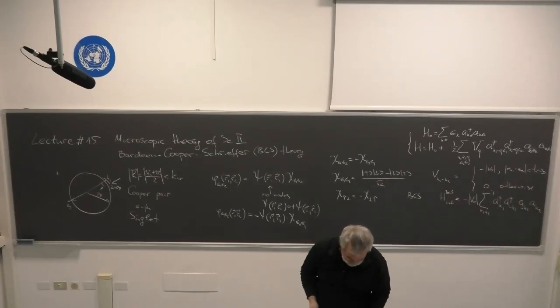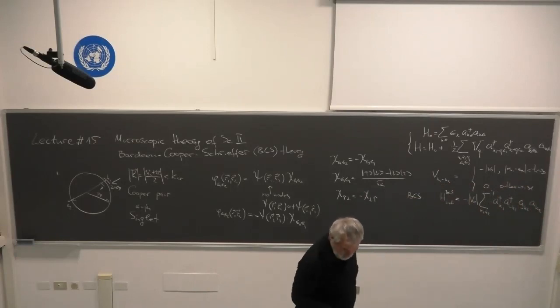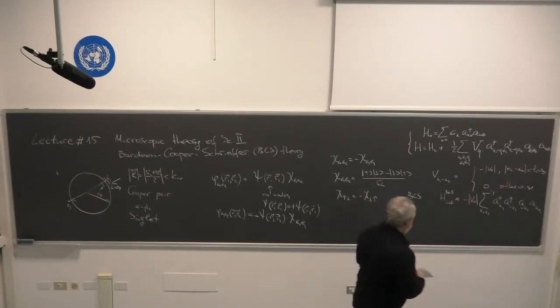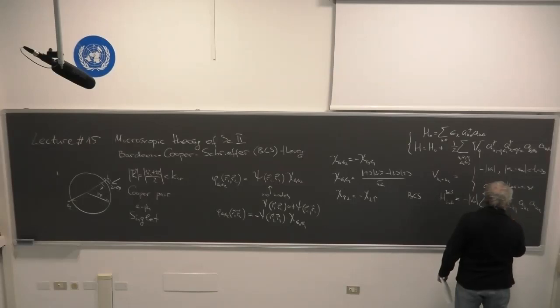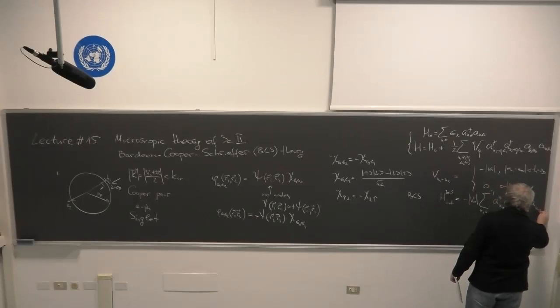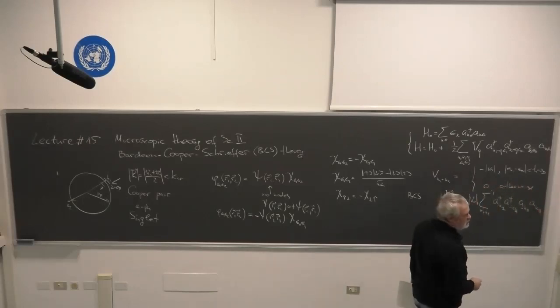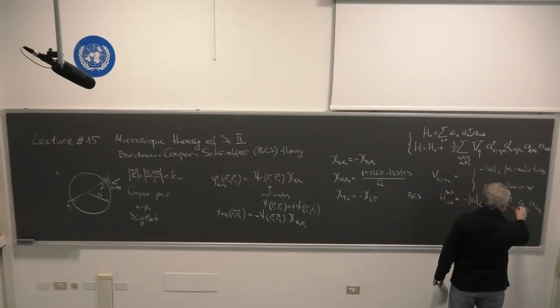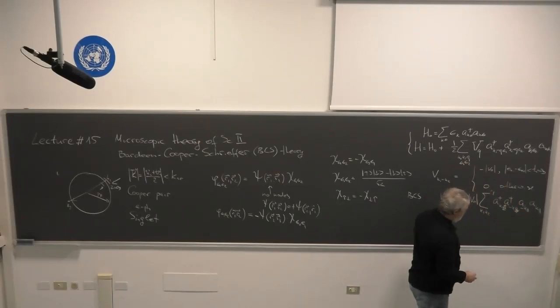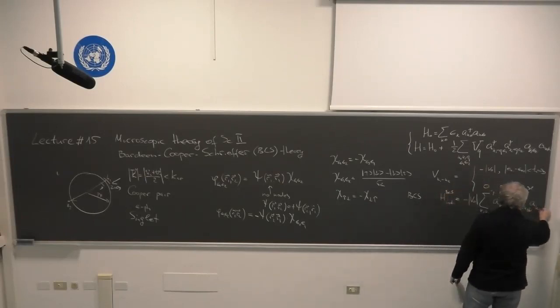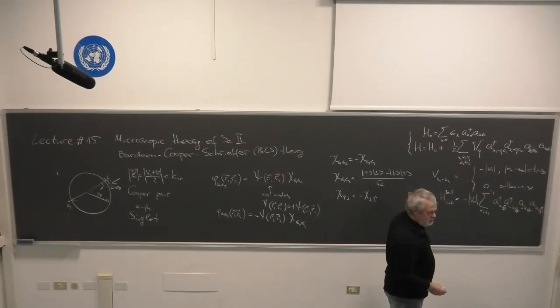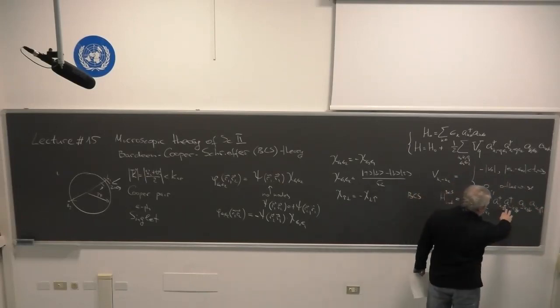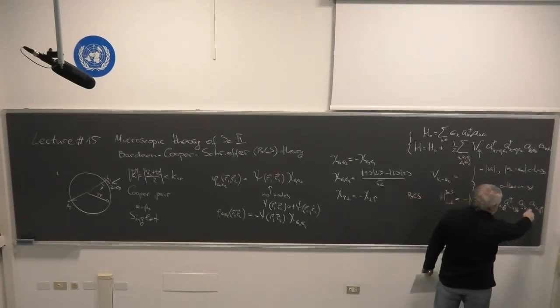In my notes I use the same notation, but I would prefer to write 2 here and 1 there. And I also said that I'm considering the singlet Cooper pair. Therefore, I put up down and down up. Since I have two possibilities, I can put up down or down up, and the same here.